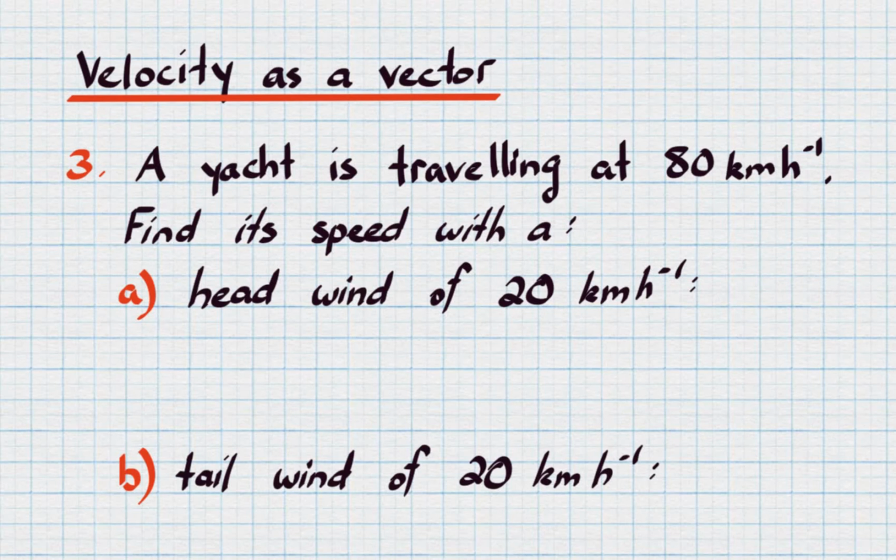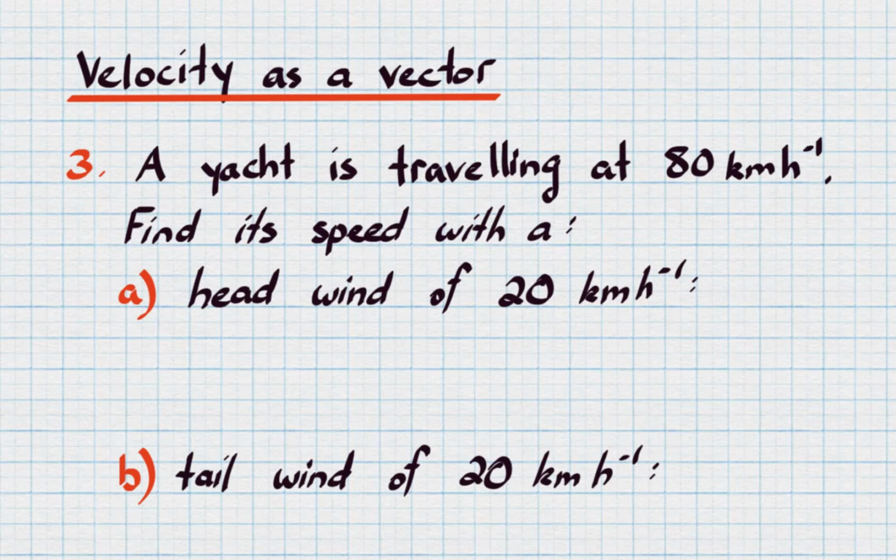So we've got a yacht and we know it's traveling at 80 kilometers per hour. We want to find the resultant speed when, first of all, there's a headwind of 20 k's per hour, and then secondly, when there's a tailwind of 20 k's per hour.